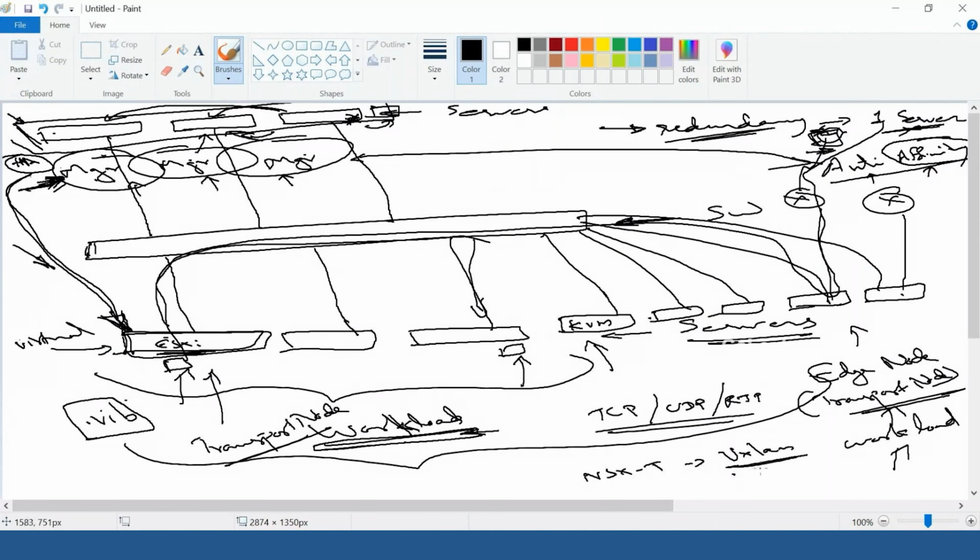So what is this VXLAN doing here? When I use VXLAN, do we need to throw the old switches and purchase new switches which are capable of VXLAN? Here we have software, but actually VXLAN is for transport, for the data path.